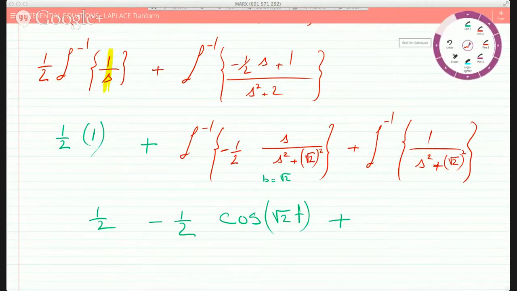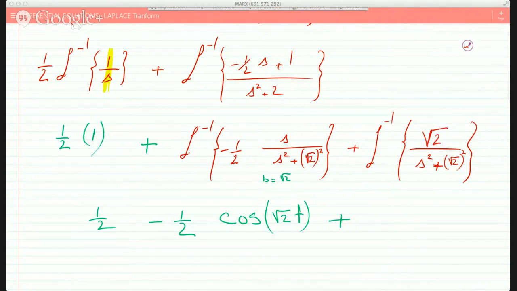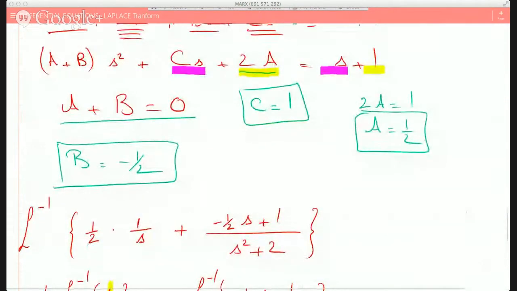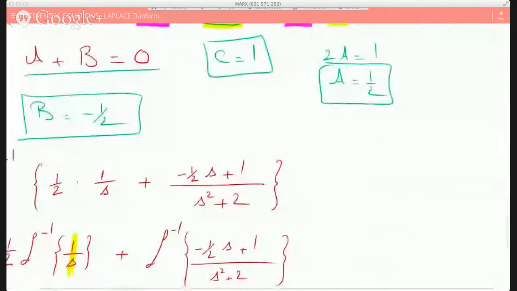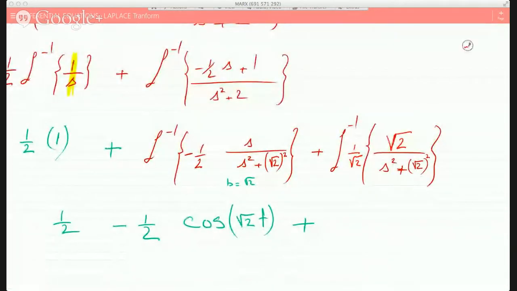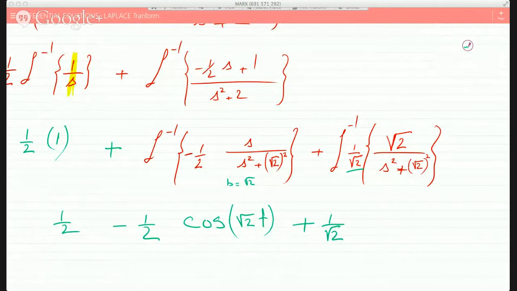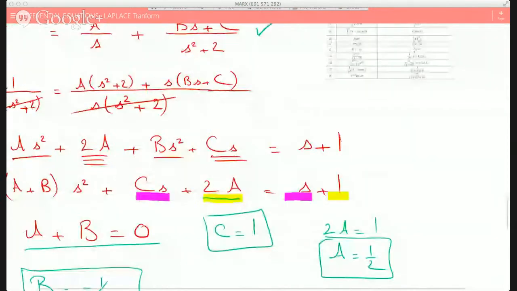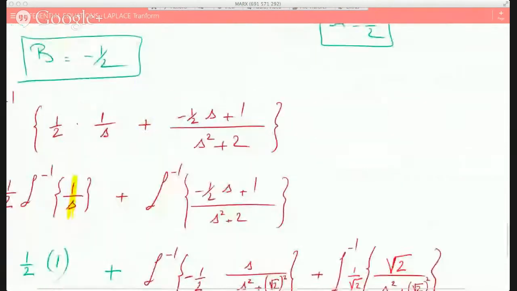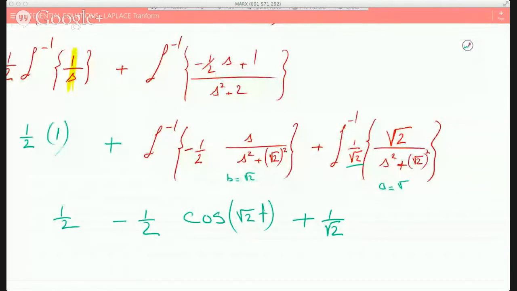So what I can do to manipulate this, I can multiply here by square root 2 and divide here by square root 2 to make them match, because it has to match the table, a over s squared plus a squared. And the 1 over root 2 can just come out. And the inverse Laplace of root 2 over s squared plus root 2 squared is just sine at, where a is root 2. So sine root 2t.